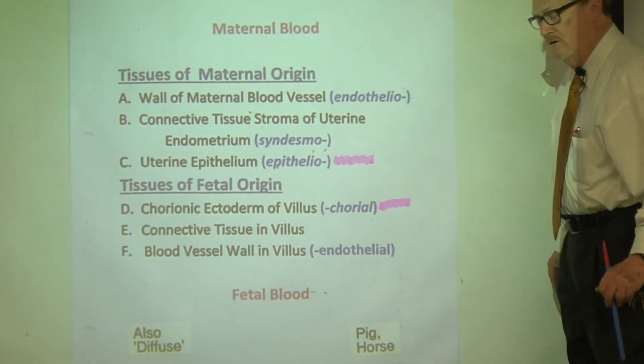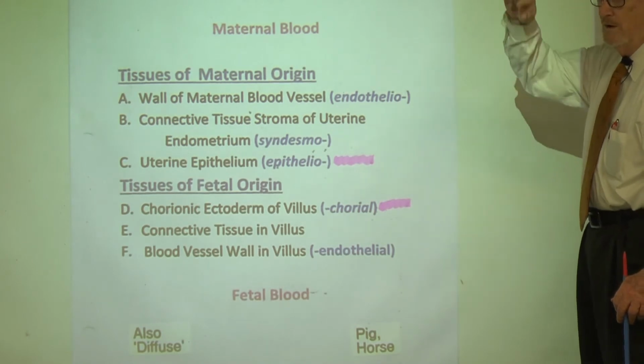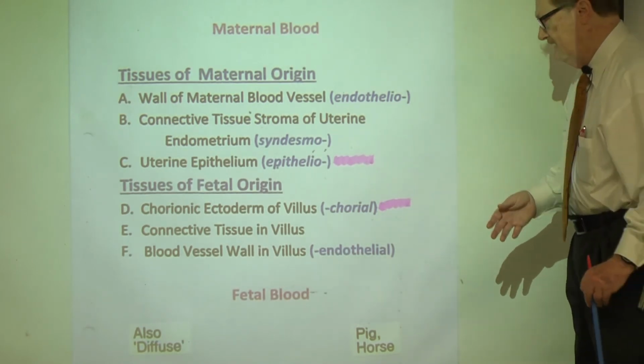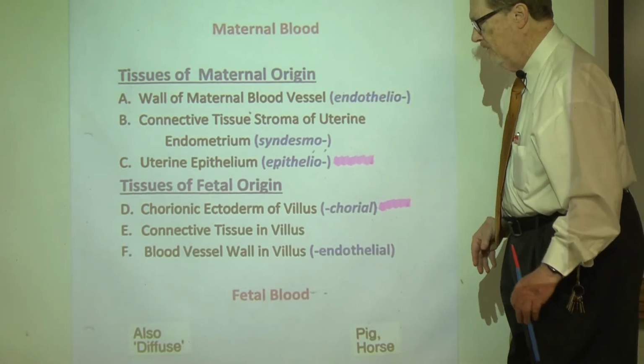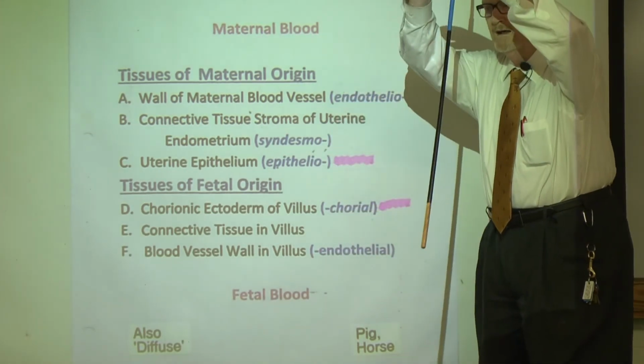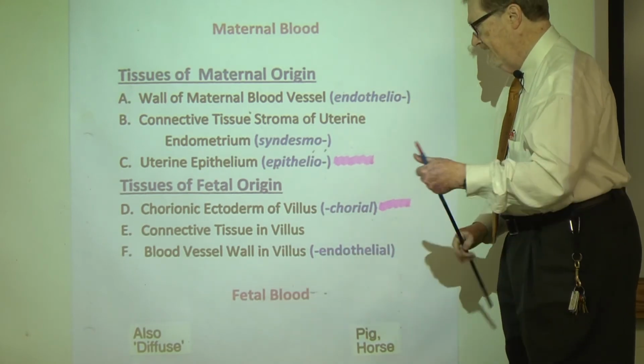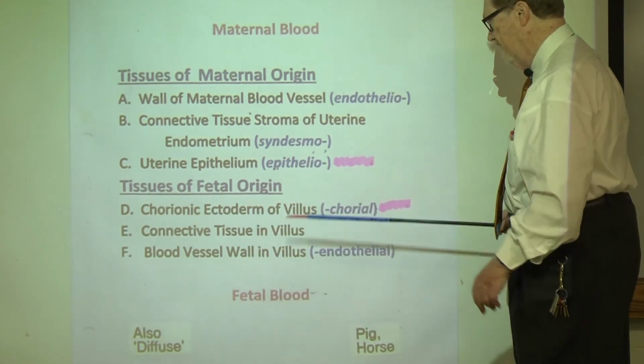The outer fetal origin tissue that the molecule of oxygen has to go through would be the outermost chorionic ectoderm on the outside of that finger-like projection, and that's called the chorionic ectoderm of the villus.